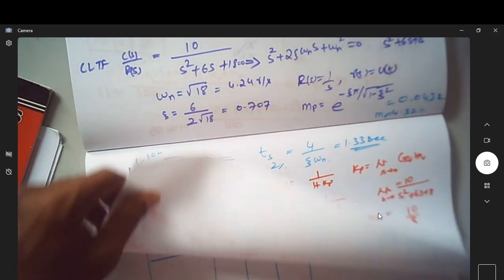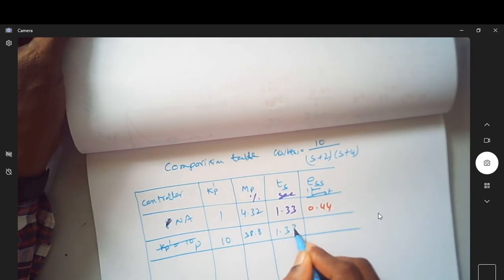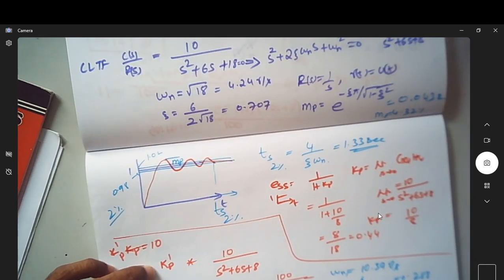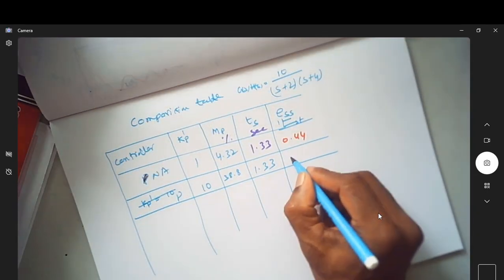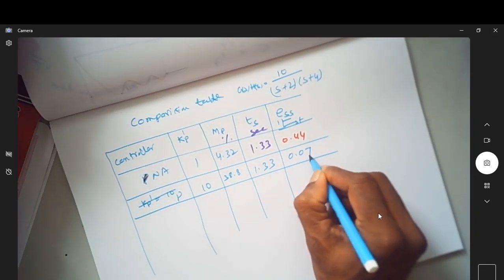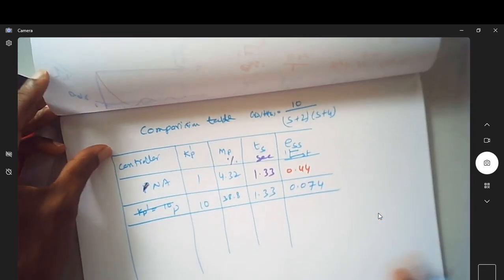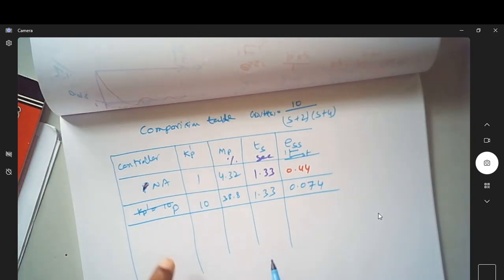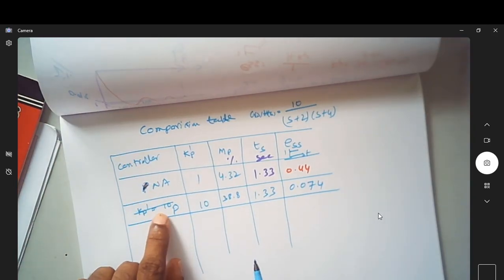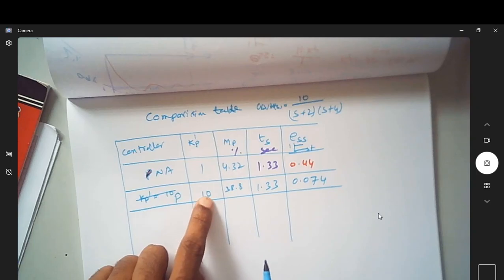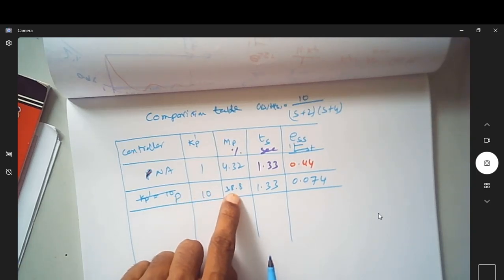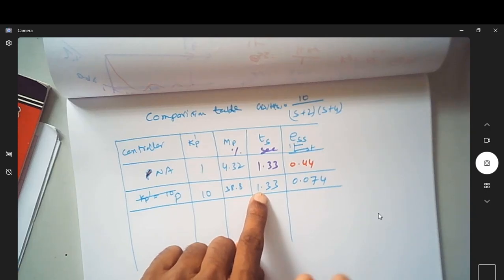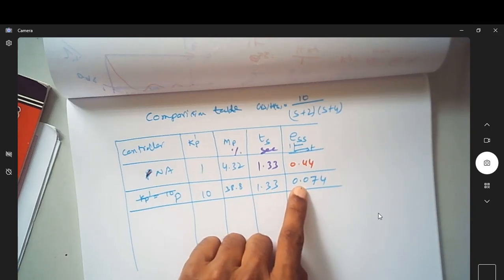Settling time is almost the same, again 1.33, but you can see Ess, the steady state error, has reduced to 0.074. So when you use a proportional controller with Kp dash equal to 10, overshoot increases, settling time remains constant, but the steady state error has reduced.